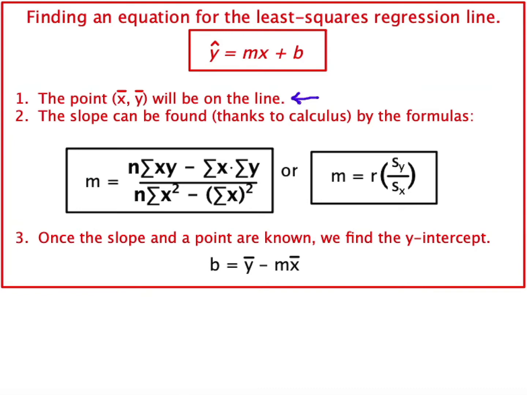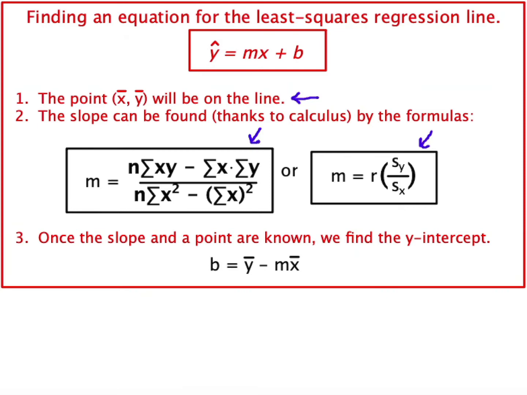The slope can be found, thanks to somebody who did the calculus for us, using either of these slope formulas. Which one looks better to you? Well, this one requires you to find those standard deviations, and we know what a pain that can be. Whereas this one looks more complicated, but those are pretty easy things to figure out. But both formulas should work for finding the slope.